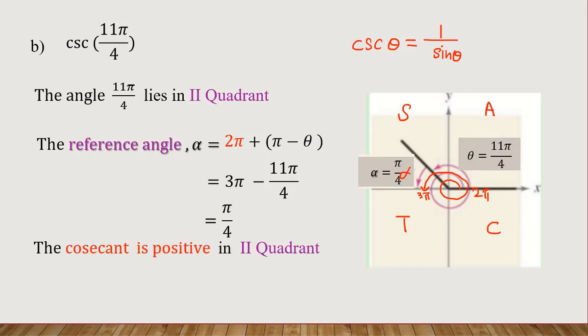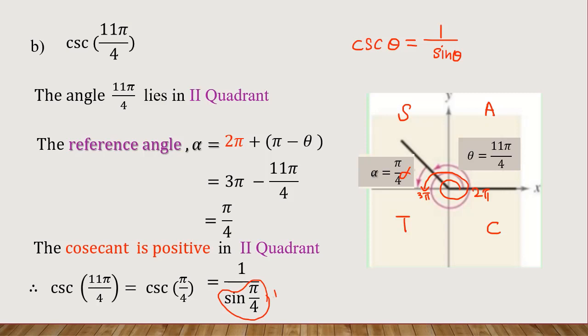So cosecant is positive in the second quadrant. Therefore, cosecant 11 pi over 4 is equivalent to positive cosecant pi over 4, which is equivalent to 1 over sin pi over 4. From the value of the special angle, sin pi over 4 is 1 over root 2. So therefore, you will have the answer root 2.